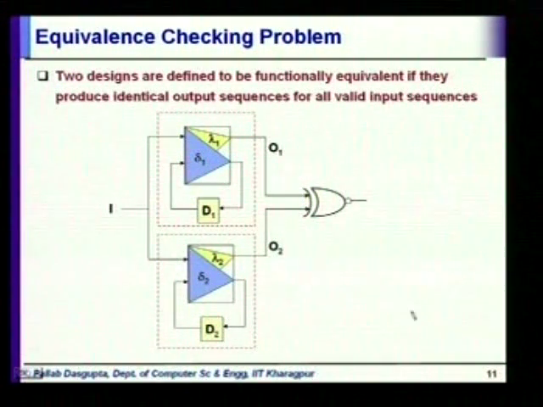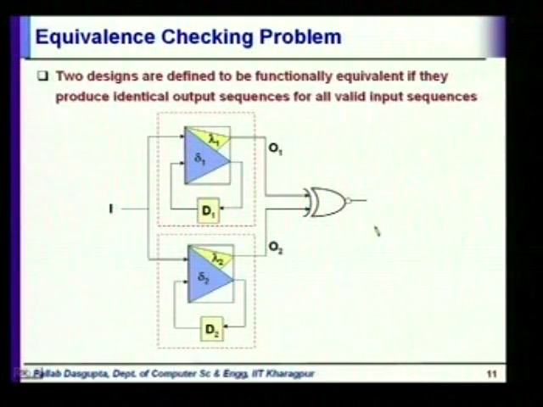The outputs of these two are compared, and if the output of this XOR gate is 1 at any point of time, because they are receiving the same inputs, then if we can create a scenario where the output is 1, we have found that these two are not equivalent, right.